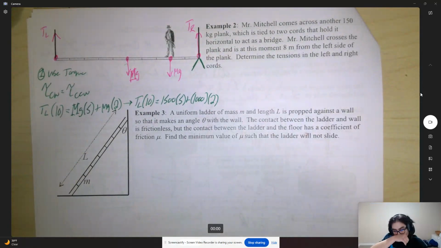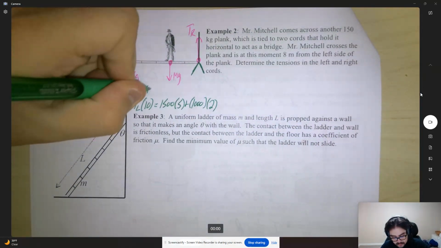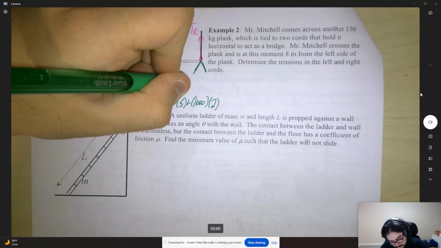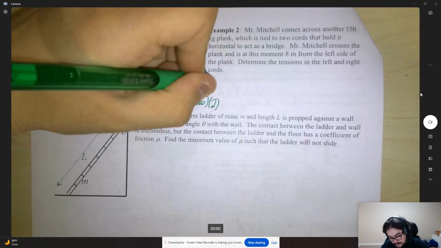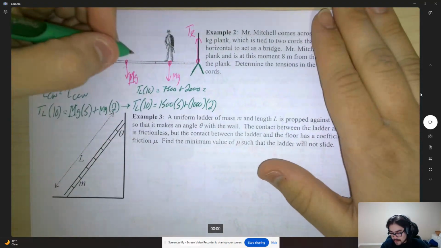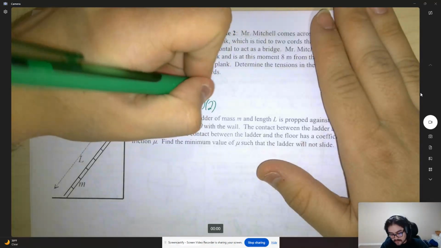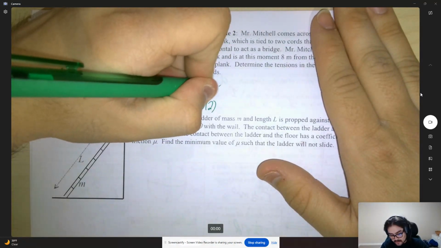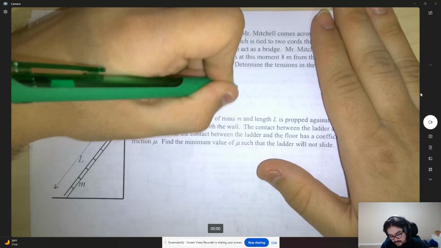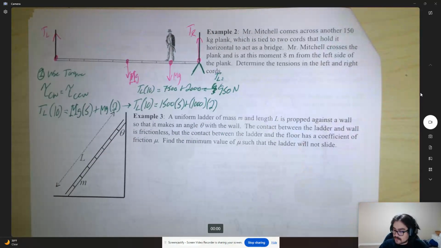And this ends up being TL times 10 equals 7,500 plus 2,000. This gives you about 9,500, which you divide by 10, and you get 950. You should get about 950 newtons for TL. TL is 950 newtons.